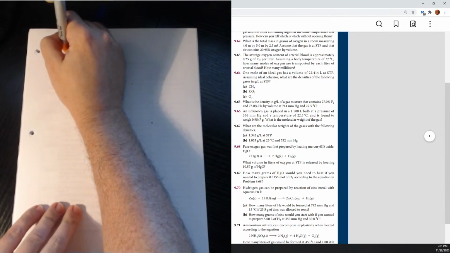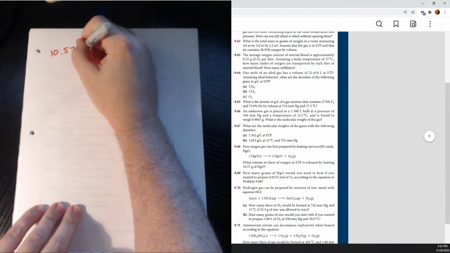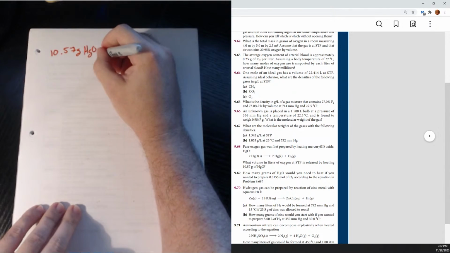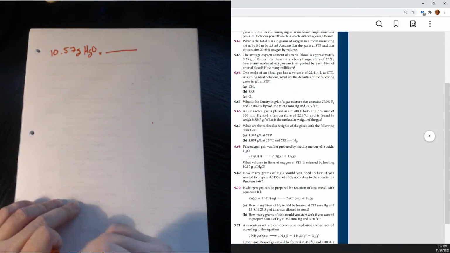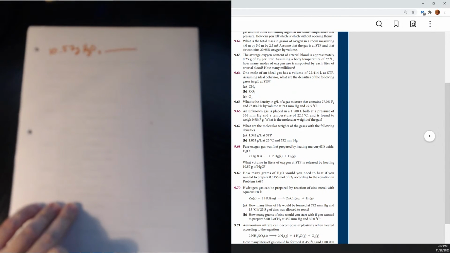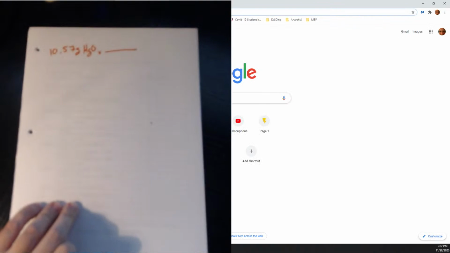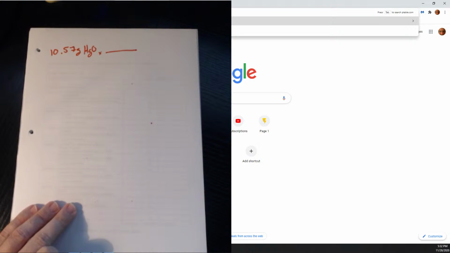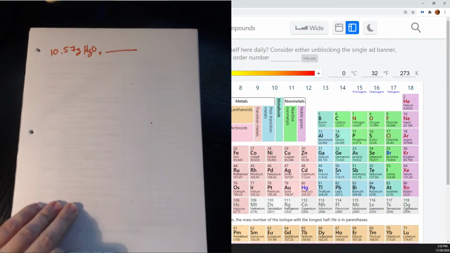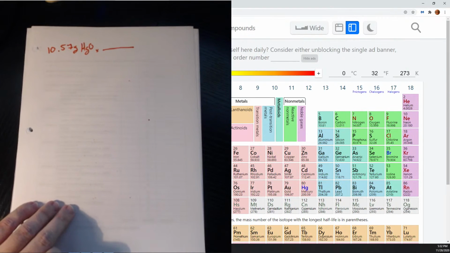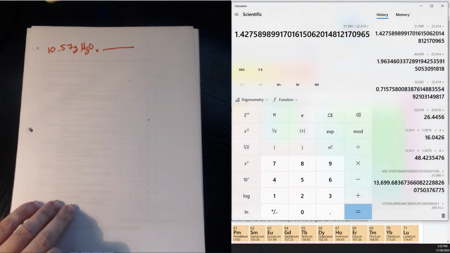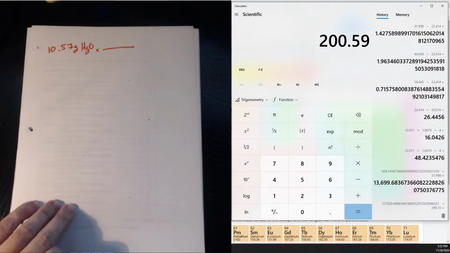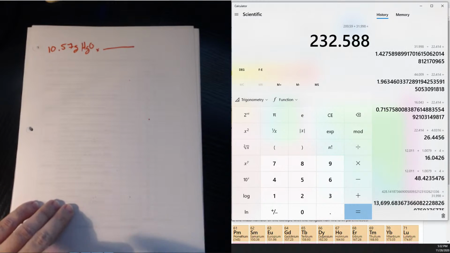So 10.057 grams of mercury oxide. Need the molar mass, which means I need to bring out the periodic table. Mercury is 200.59 plus 31.998. Okay, that one was all me.